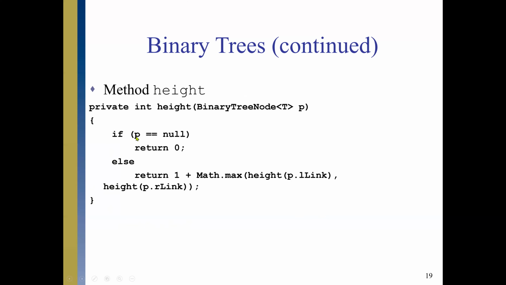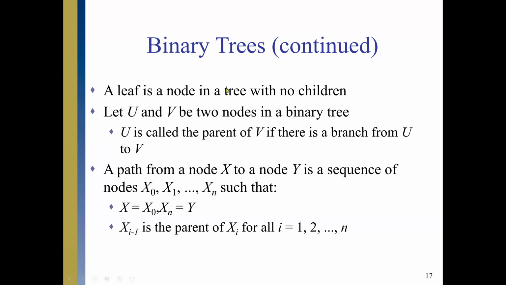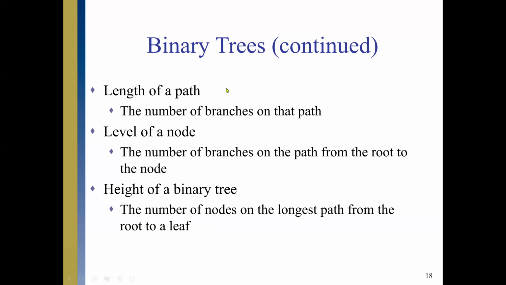So we said that if P equal to null, P in our diagram will be the root. So for example, we have a special pointer to the root. We call it root. And so in our code, we call it P. So if P is equal to null, points to null, then there's nothing. We return 0. There's nothing. Else, as we said, the levels start from 0.